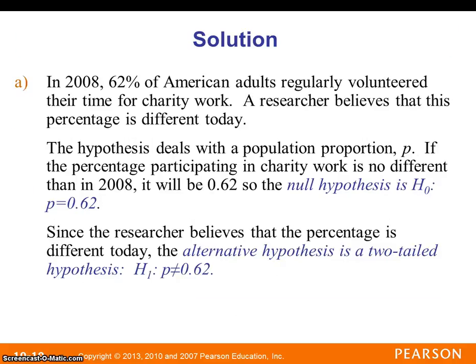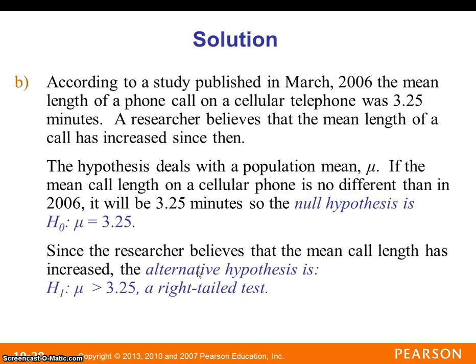So here, just to state these again, in part A the null hypothesis would be that the percentage of Americans is equal to 0.62. The alternative hypothesis is that you have a two-tailed test, indicating that the proportion is not equal to 0.62. Part B, the null hypothesis again is a statement of no change.